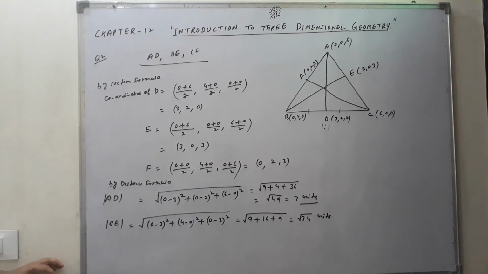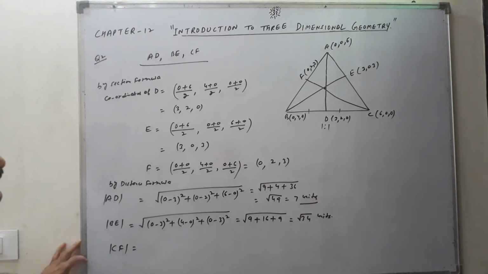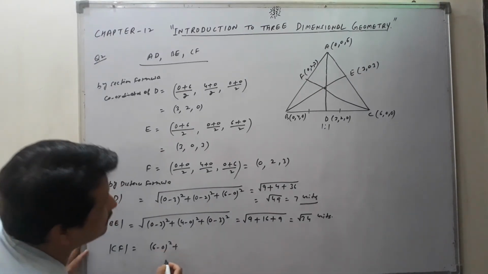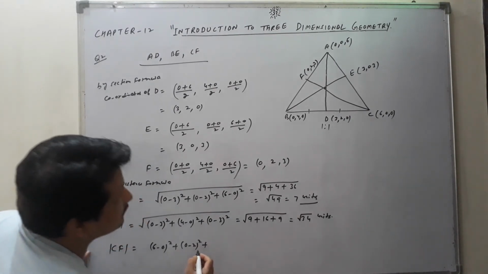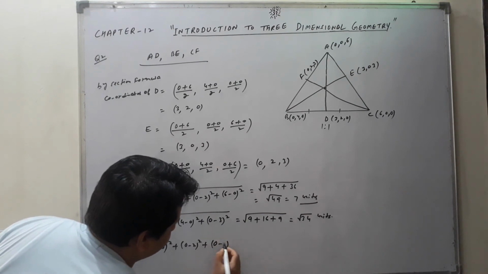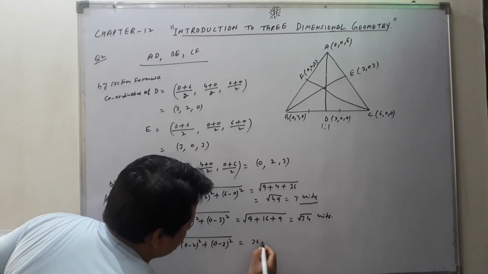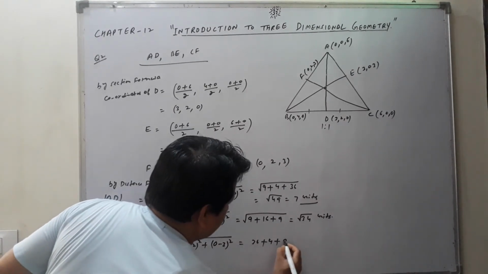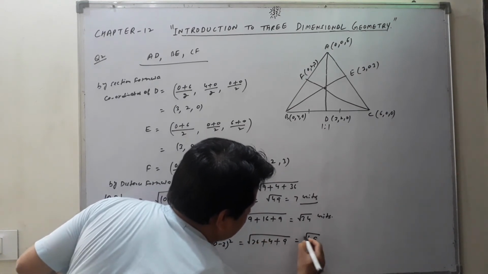Then the next one is CF. This is equal to 6 minus 0 square plus 0 minus 2 its square plus 0 minus 3 its square, all under the square root. 36 plus 4 plus 9 is equal to 49, students.